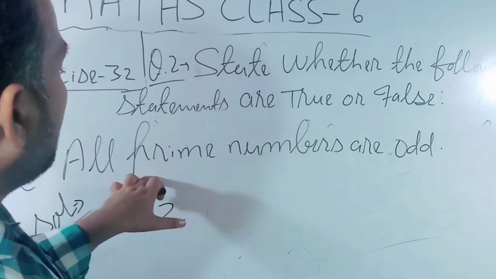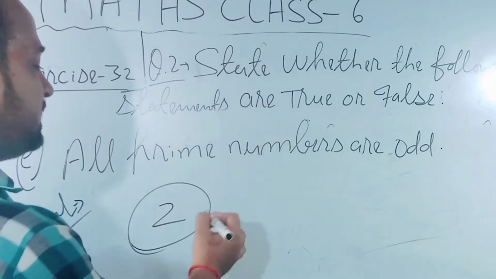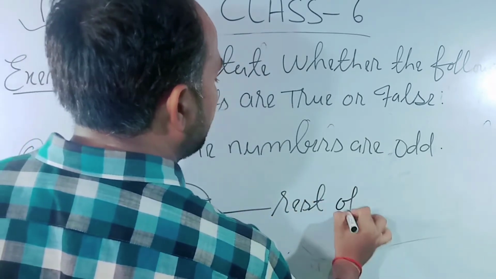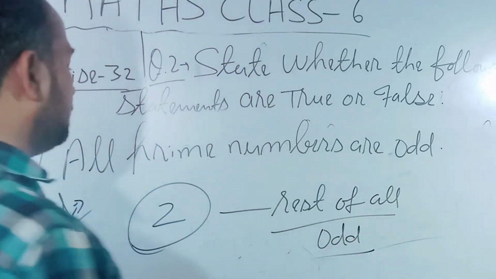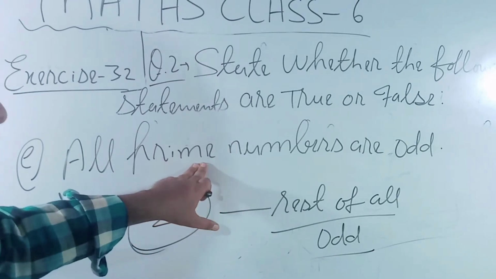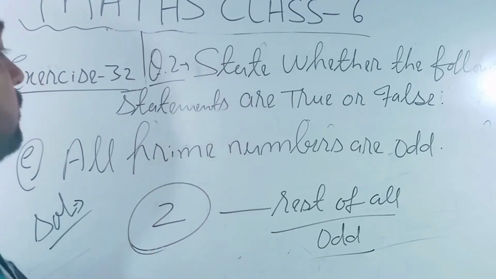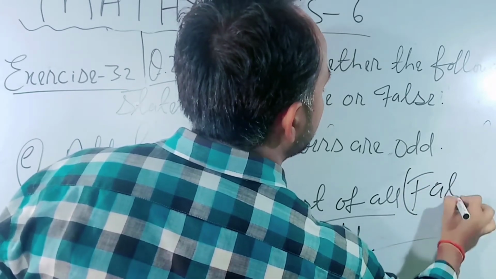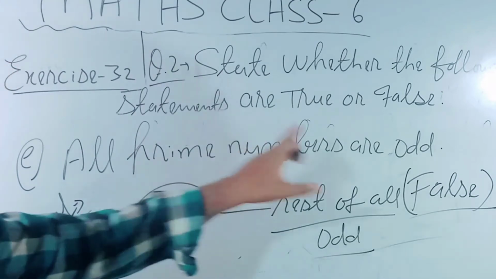And here the statement says all prime numbers are odd. So the even prime number is 2 and the rest are odd. But this statement is not true because we have one even prime number. So it is false. Clear?